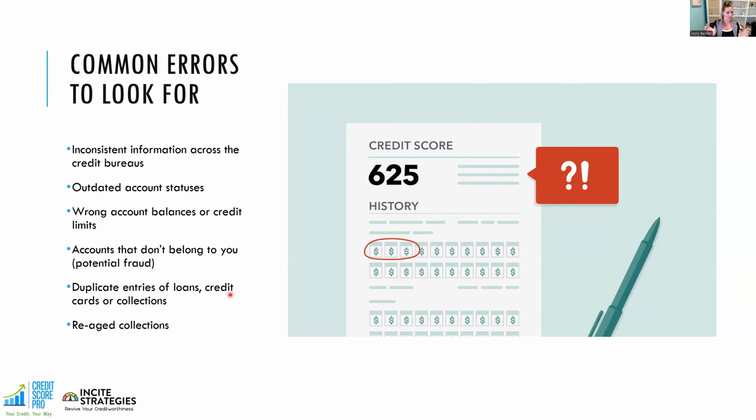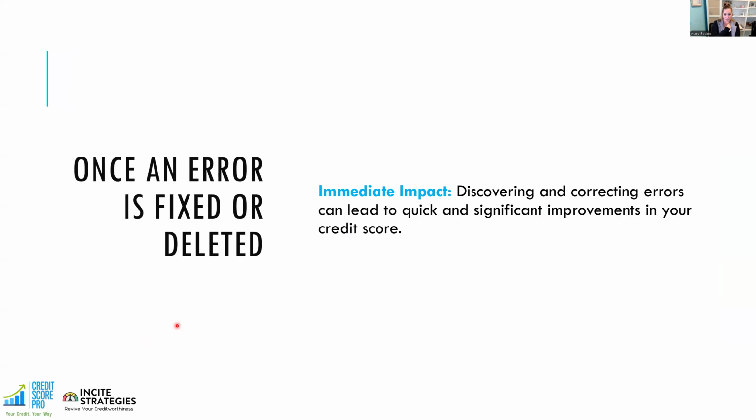They both don't own the balance anymore. Macy's sold the debt to the debt collector. Only the debt collector can have the balance. And then re-aging we talked about, when the debt collector changes the age to keep it on the credit report longer, right? They use that open date based on when they bought the debt. So those are some common things we see.